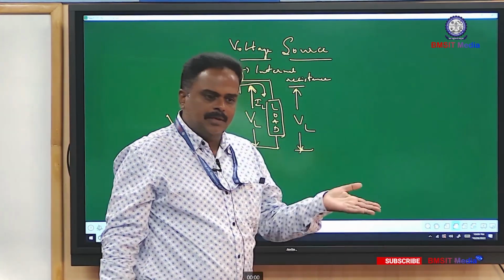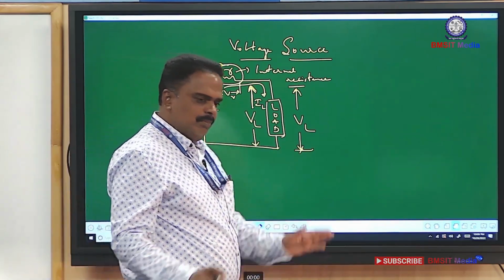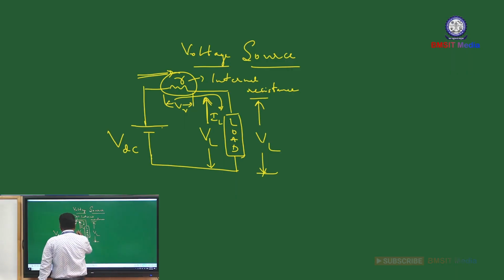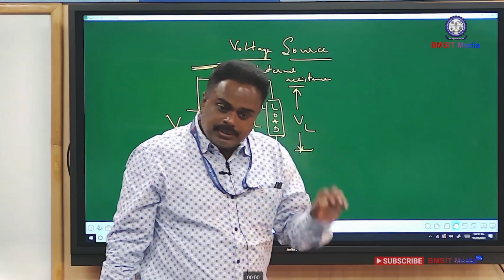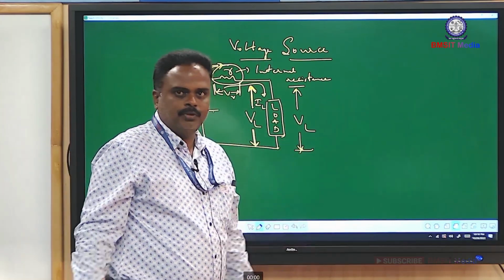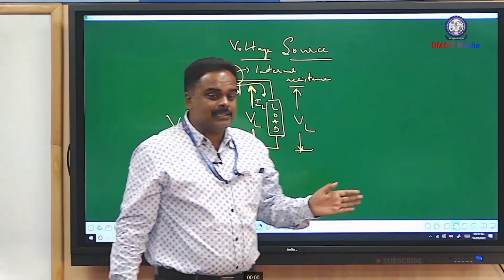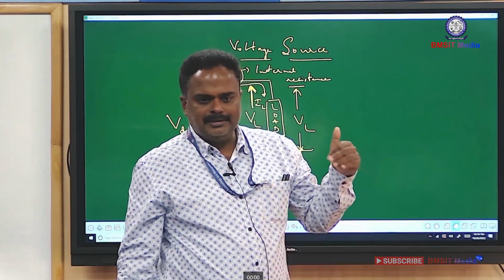In practice, nothing is ideal. Practical voltage sources always have some small internal resistance. Smaller is better, because irrespective of the current flowing, the drop will be less and the voltage across the load will be maintained nearly constant. For a voltage source, the internal resistance is always connected in series with the source.